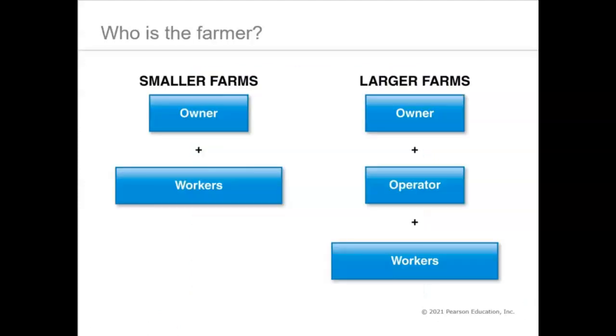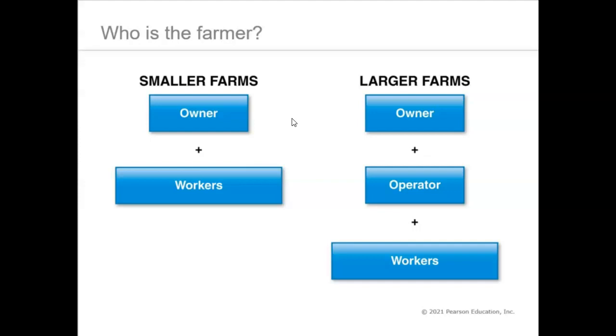And so if we look at who actually is the farmer, so in your mind, picture what you think of a farm, and then we'll talk about this briefly. So in smaller farms, generally the owner of the land is also the operator of the farm. And so the owner is controlling what is planted, what is being grown, and then they will most likely have several workers depending on the size of the farm just to do all the manual labor.